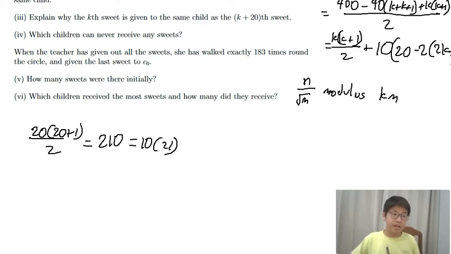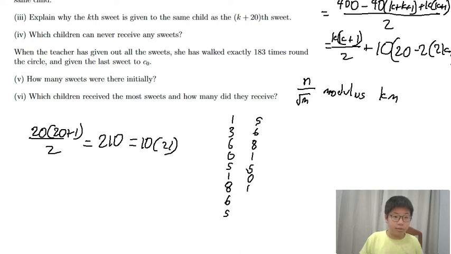Interesting. Which children can never receive any sweets? So we're going to calculate the triangular residues mod 10, and they are 1, 3, 6, 0, 5, 1, 8, 6, 5, 5, 6, 8, 1, 5, 0, 6, 3, 1, and then 0.